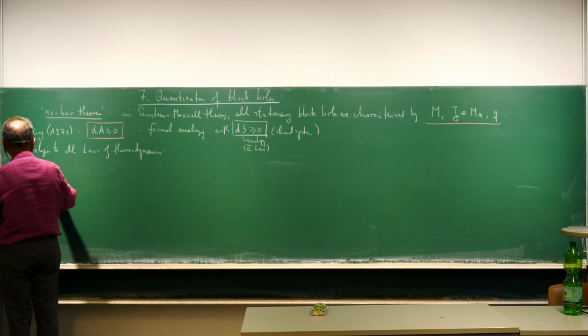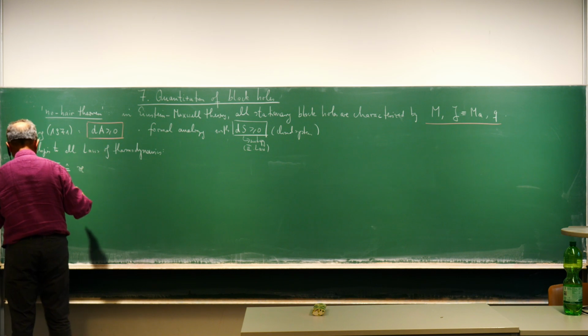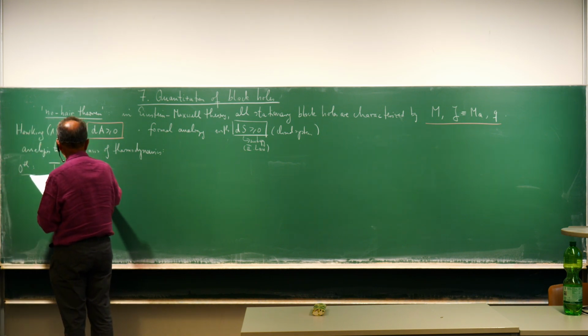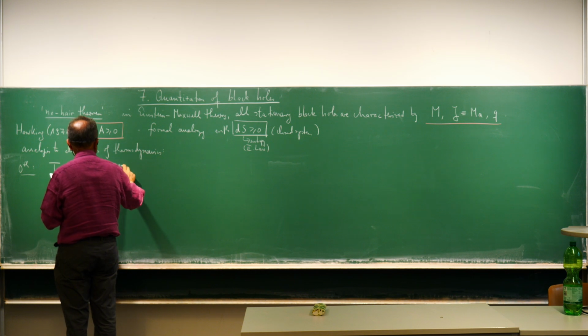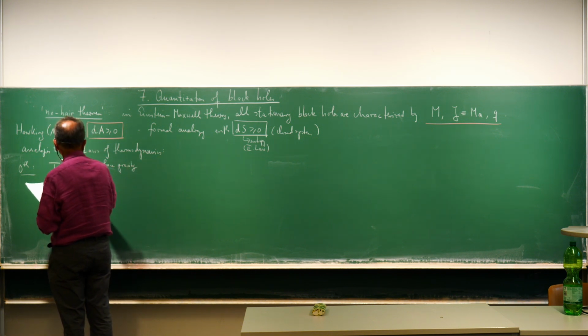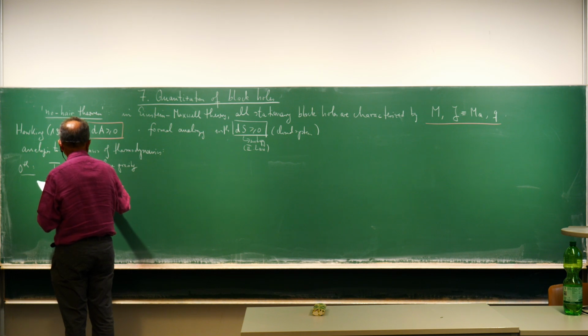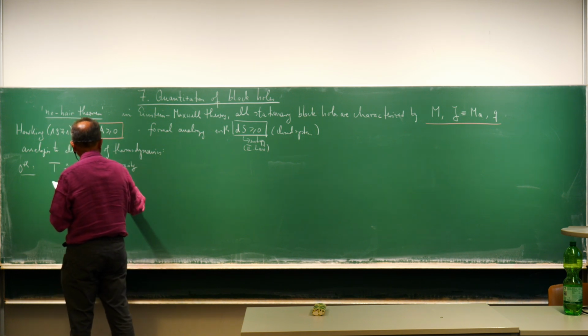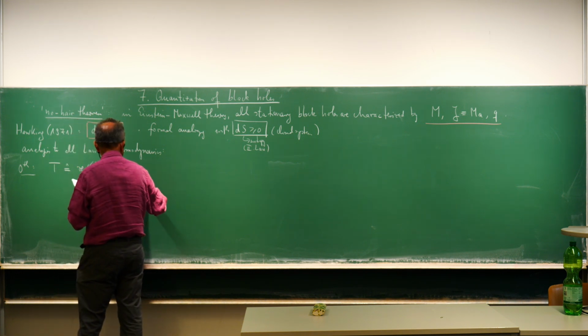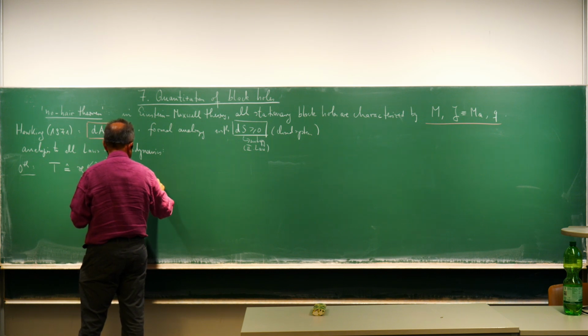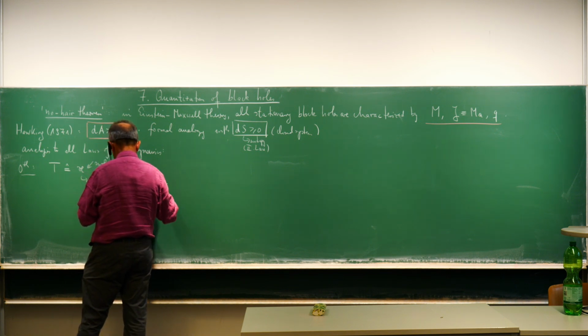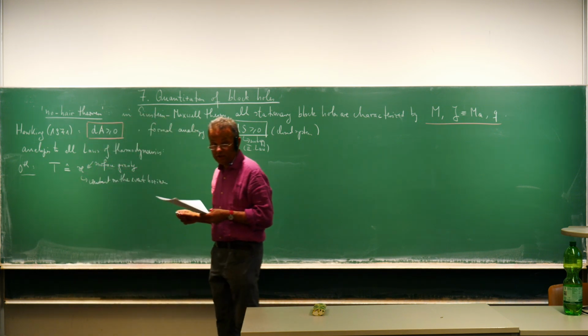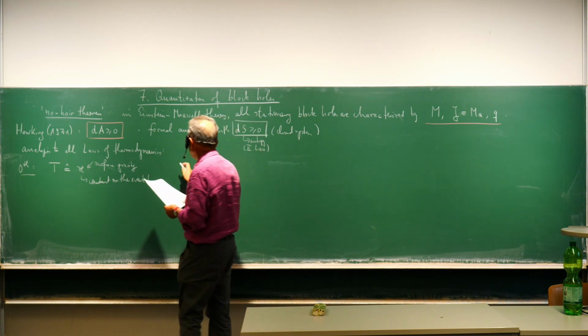So T is analogous to kappa. Kappa, if you recall from GR, is the surface gravity, and this is constant on the event horizon. For example, if you have a Schwarzschild black hole, there is a simple expression for kappa.